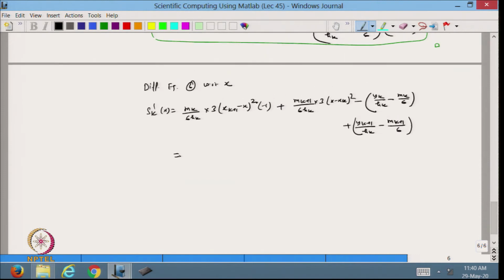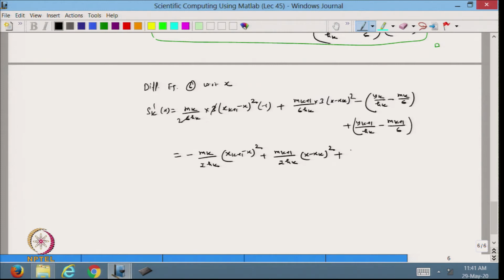So from here I will get that my s dash k can be written as, 3 will cancel out 2, so it will be minus mk by 2 hk, x k plus 1 minus x whole square. Similarly, plus mk plus 1 by 2 hk, and then I will get this expression.